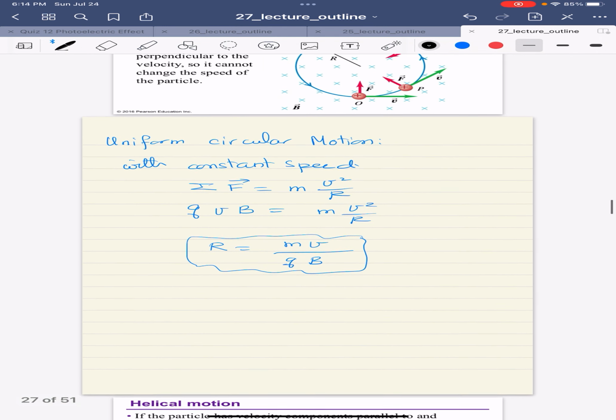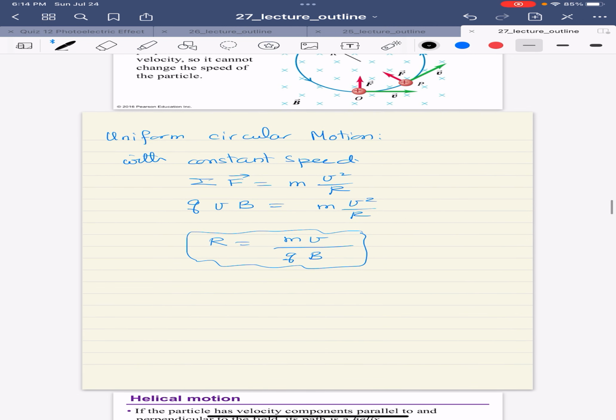I can stay longer. This is really what is going to be the motion. And of course, if the charge is negative, then the object is going to go clockwise.